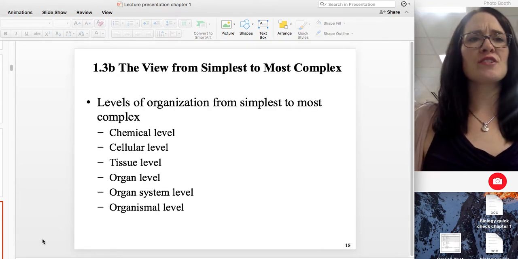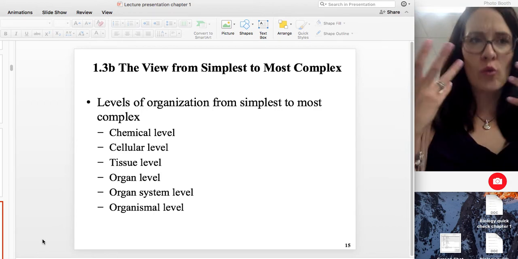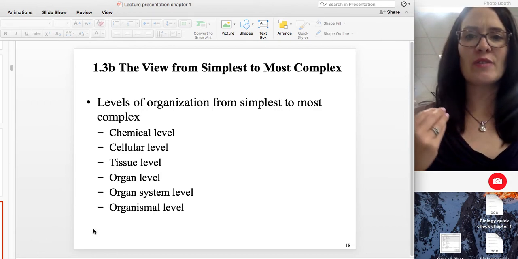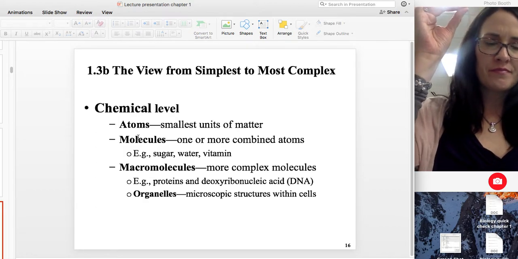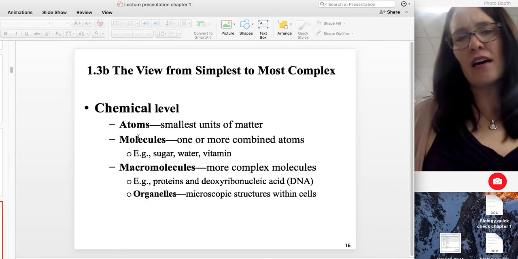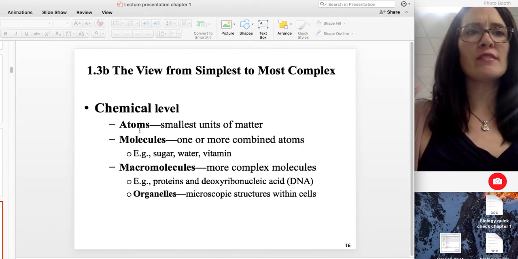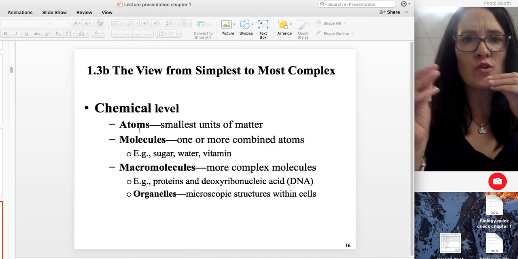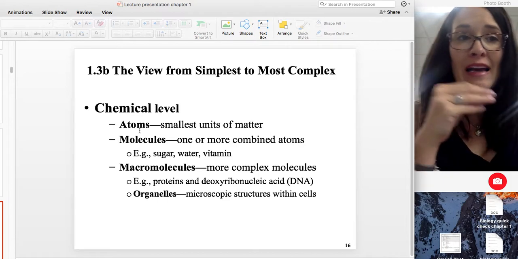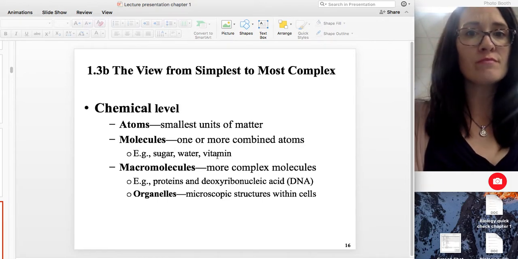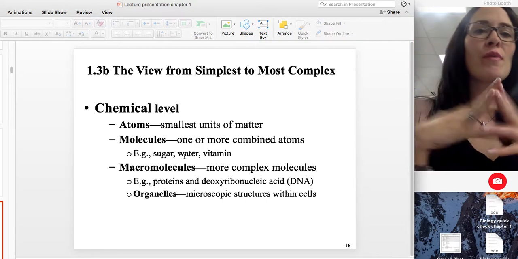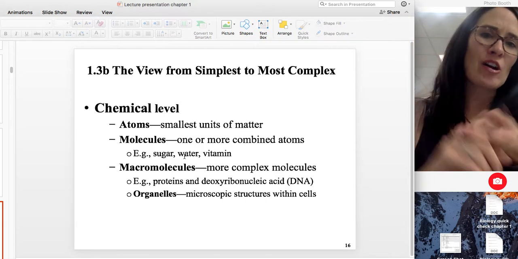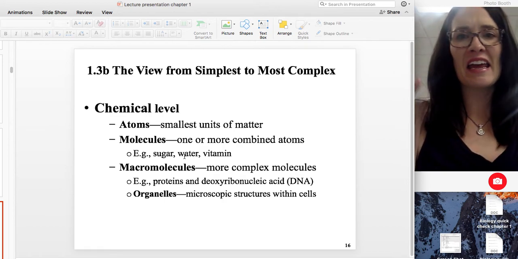The levels of organization. The human body, the organism, is the most complex, down at the bottom, and the simplest is the chemical level. We'll talk about all these levels. Atoms are the smallest units of matter. Atoms make up molecules, which are one or two combined atoms, for example sugar, water, H2O, vitamins. And then macromolecules are more complex, things like carbohydrates, proteins, DNA.